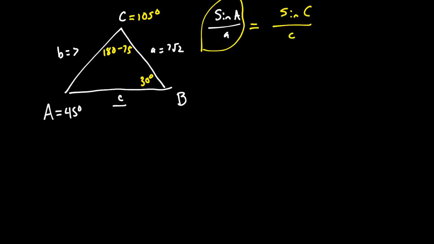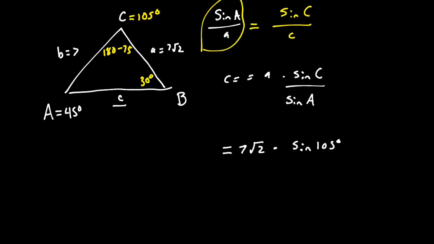Then side c is equal to a times sine of angle C divided by sine of angle A. This gives us that c is equal to 7 square roots of 2 times sine of 105 degrees divided by sine of 45 degrees.